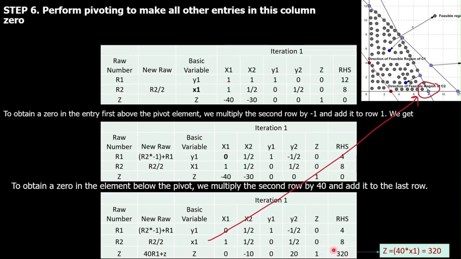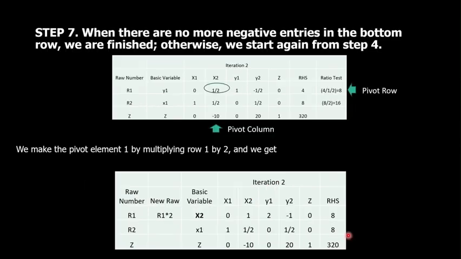We have to repeat the same technique again. We'll choose the most negative value in the row of Z, which is minus 10. This would be the pivot column representing the variable which will enter the basic variables set. And we need to perform the ratio test to see which variable will leave the basic variables set.